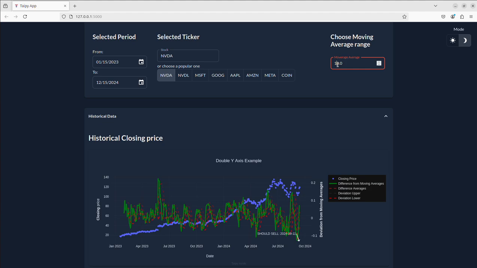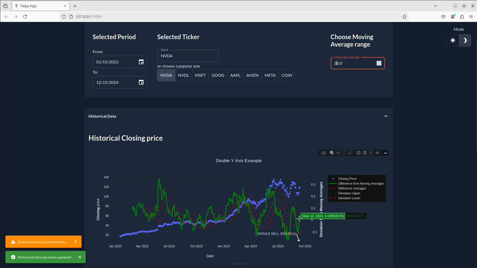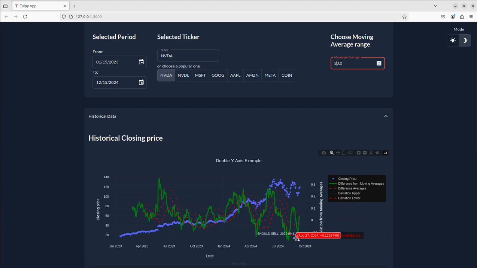But if we actually move it to 30 days moving average, then you see this September 11th green signal actually is still within the band, right? So it did not move above the upper bound.